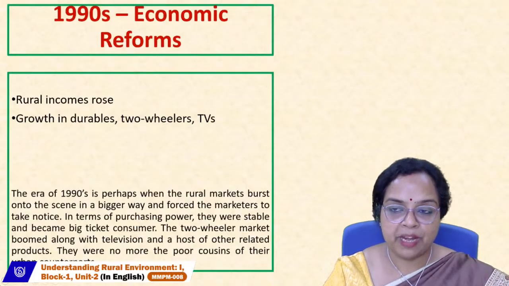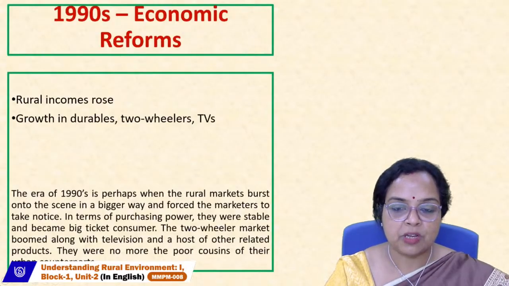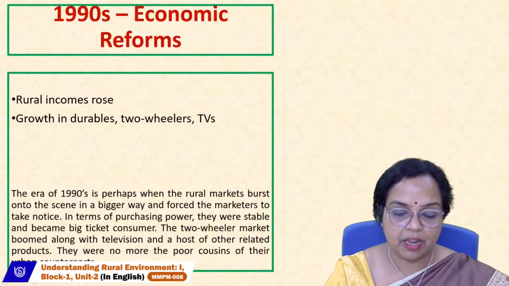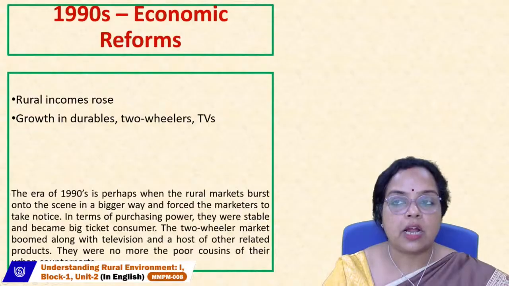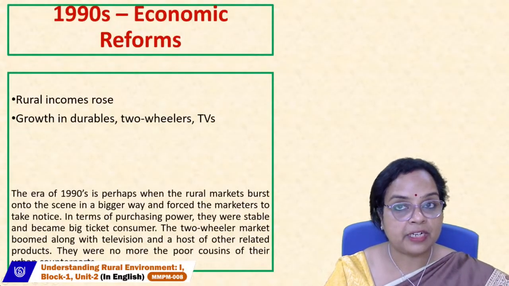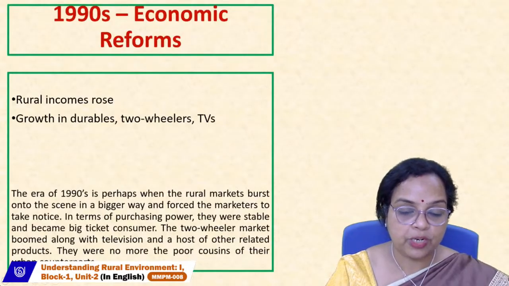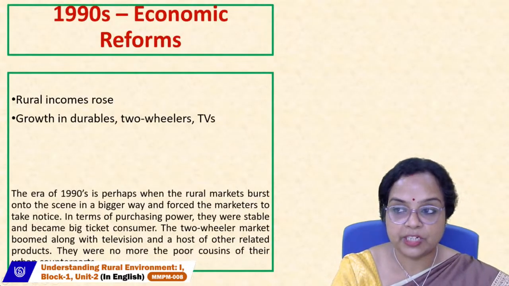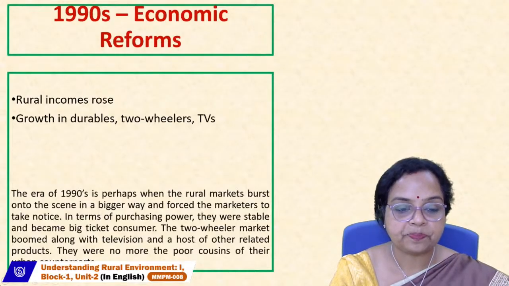The roads were made by that time, so the businessman residing in a village, or the farmer who wants to sell his grain, can easily drive a two-wheeler to reach the city and the mandi located in the city. So two-wheeler companies started entering the village market, the rural market.